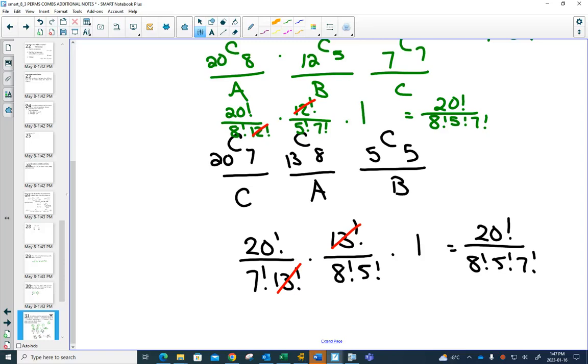Now, when I simplified the answer, what kind of questions have we done already where you had answers that look like this? The BBB, the R Mississippi questions, identical objects.